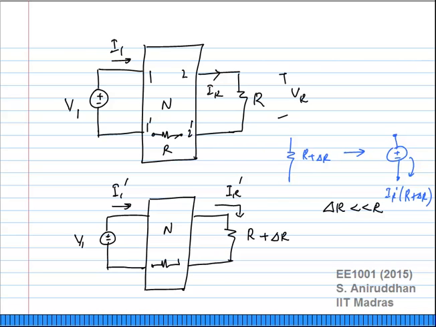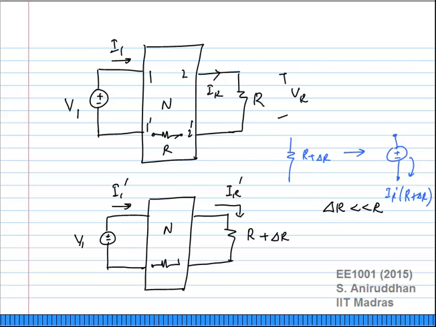You can get different tolerances, but there will always be some variation, and you want to find out what happens to these other parameters, the sensitivity of these other parameters to this change in resistance. Because your circuit itself may be sensitive to these resistive parameters.